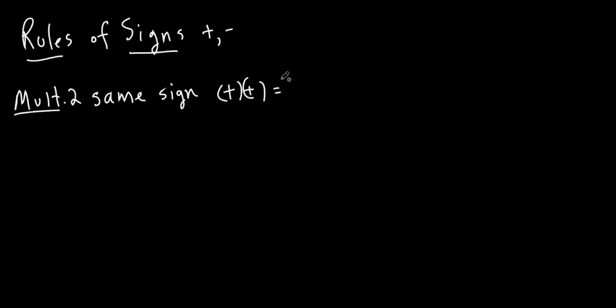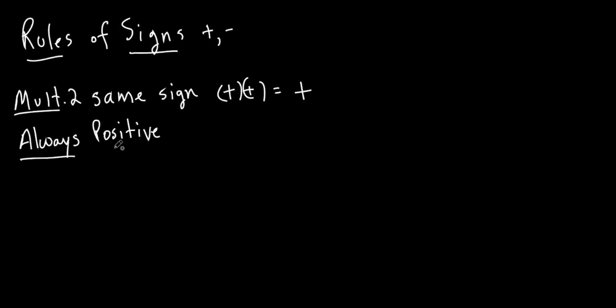So if I have a positive times a positive, what's that always going to give me? It's going to give me a positive. Okay? So when I have two of the same signs, your answer is always positive. You just have to remember this rule.